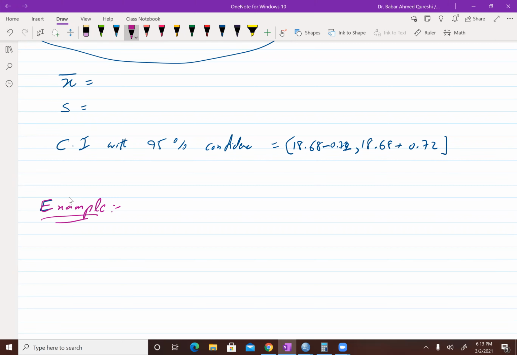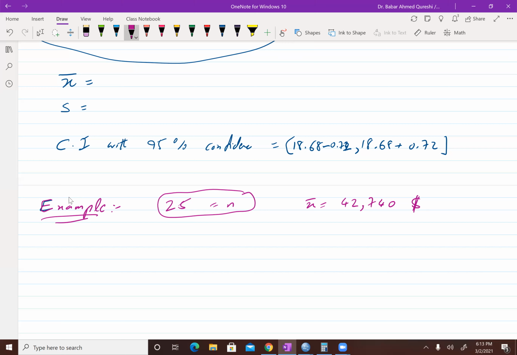So what they do, they send out a survey to 25 randomly chosen graduates, that is the sample size. And from there, they compute the sample mean to be some dollars.